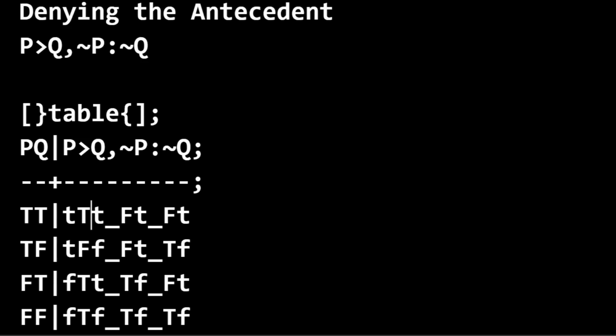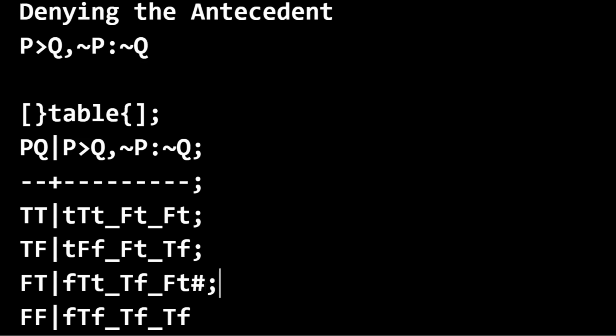And now we look for significant rows. First interpretation is not significant. Second interpretation, not significant. Third interpretation, significant, and we have a false conclusion. This form is invalid.